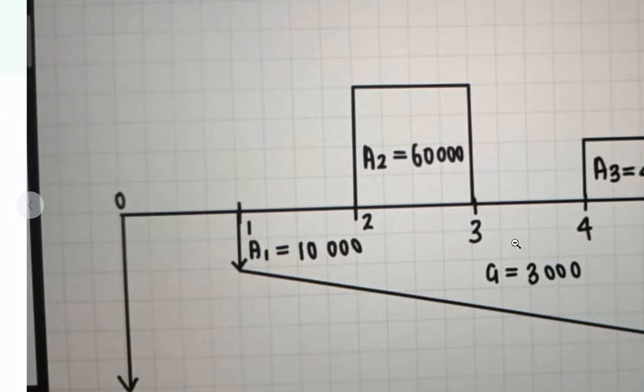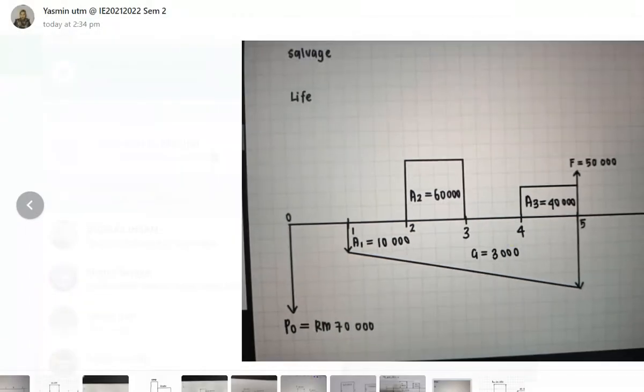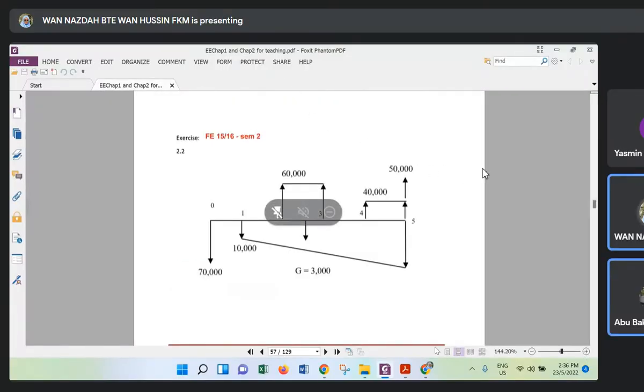Alright, so this is mine. I shall put the value inside the box. Everything must go inside the box. So this one is actually the A2, this one is A3. So this one is actually P note, and this one is A1.